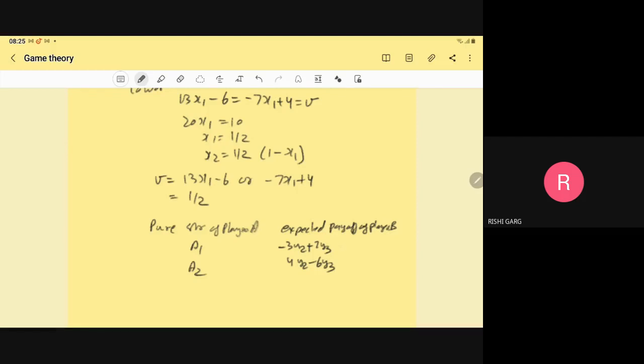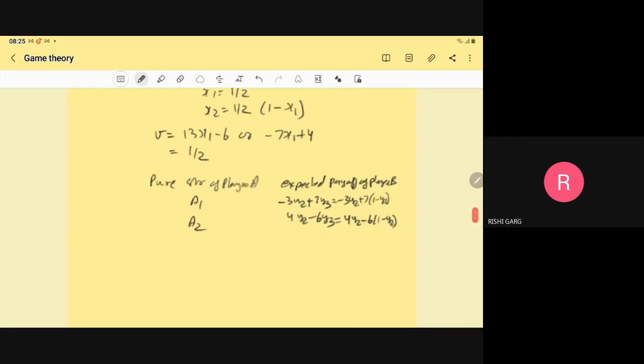And Y3 is 1 minus y2. So this will become minus 3y2 plus 7 times (1 minus y2), and 4y2 minus 6 times (1 minus y2).